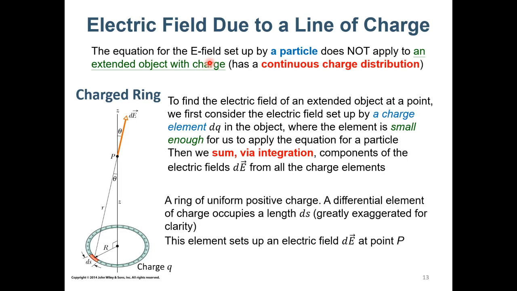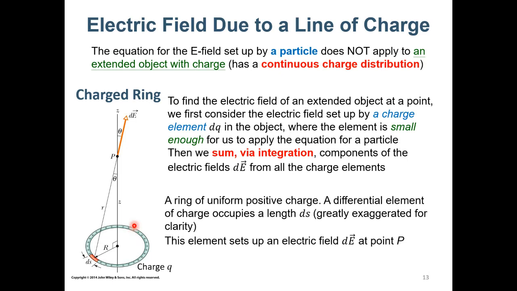Whenever the charge is not countable, as in this case, where it is uniformly distributed on a ring, you cannot count how many charges you have here. How we can solve this problem is using calculus.